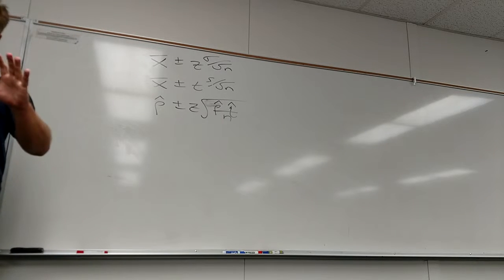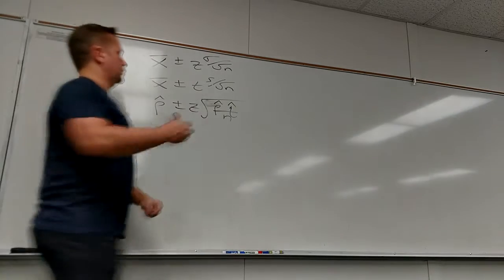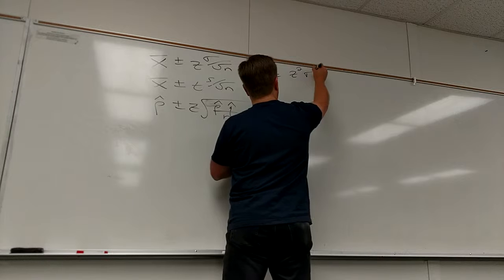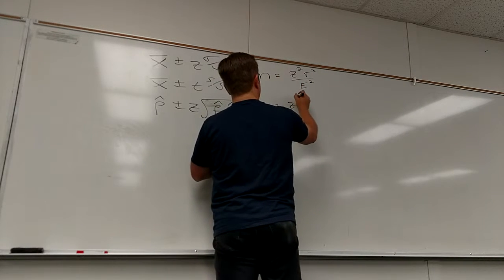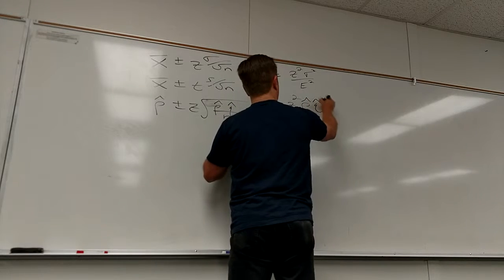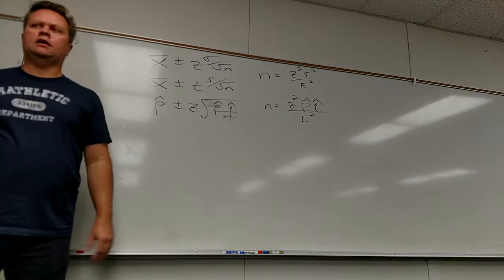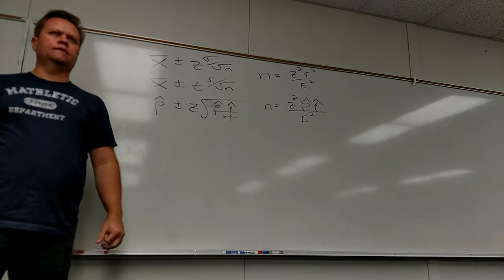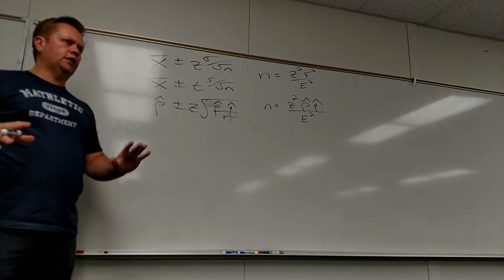And then the last 2 formulas from that section dealt with how large of a sample you need to be such and so certain. So you got this one here, you got this one here. I like it. So that's chapter 8.